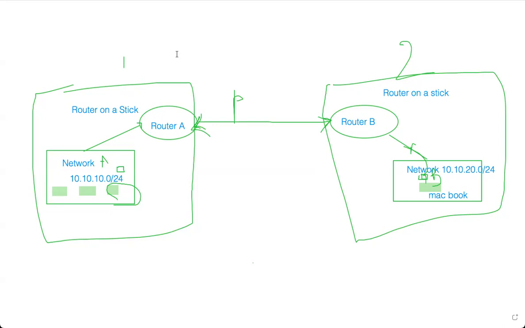Yeah, a router can be a layer 3 device because it forwards the packet based on the IP address, whereas the switch does not understand the IP address. It will forward based on the MAC address. So in this case, for router A to communicate with router B, we need a routing protocol to communicate between two routers. So here we are talking about the protocol called RIP.